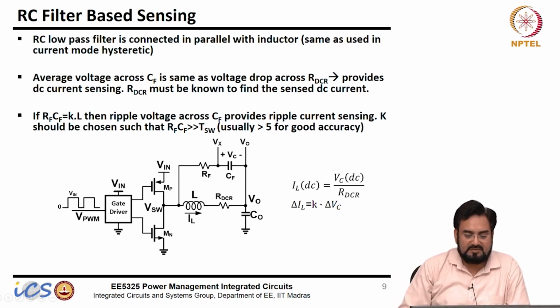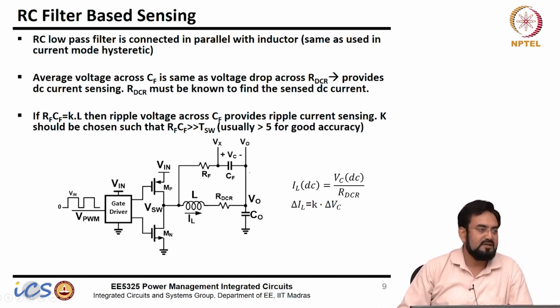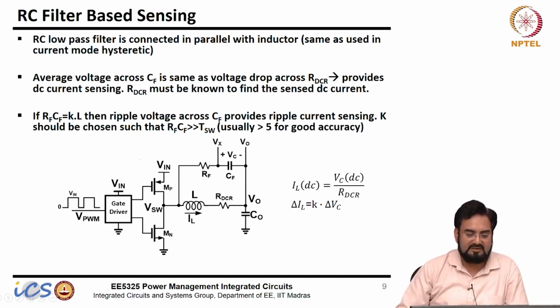So the only problem here is this RDCR doesn't remain fixed, it can change with temperature. Okay. So that's the only drawback, otherwise it's a very good technique to use for current sensing without any loss here, because you don't require any series resistor. So you can get both ripple as well as DC information here.